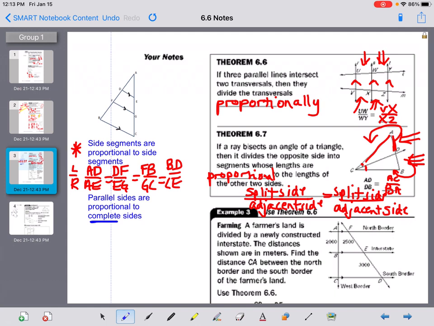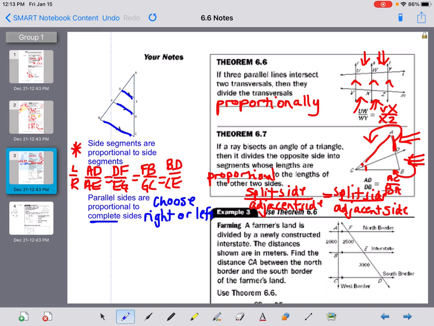So my parallel sides are these that are here, that are parallel, okay? So when I compare those, I don't have other parallel sides. I have to choose something on the side. What's really important is you need to choose right or left. Okay, you can't just say, well, I'll do the left on this side and the right on this side or whatever. No, you've got to choose one of them and stick with it.